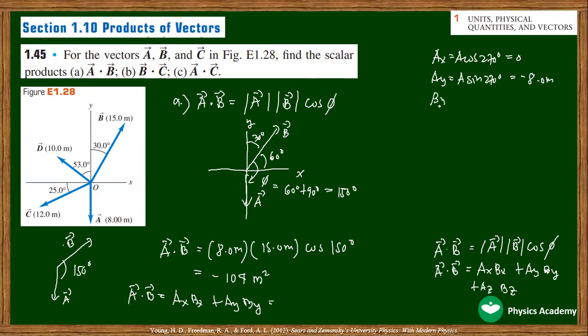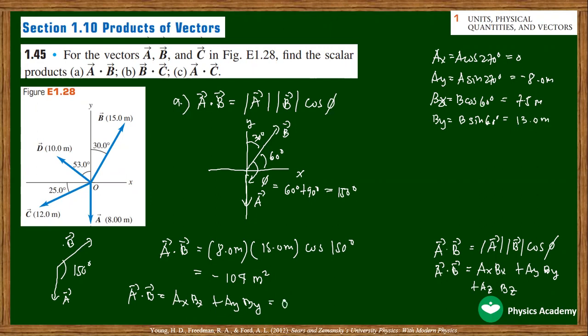Bx is equal to B cosine of 60 degrees, which is 7.5, and By is equal to B sine of 60 degrees, which is 13.0 meters, or 12.99.